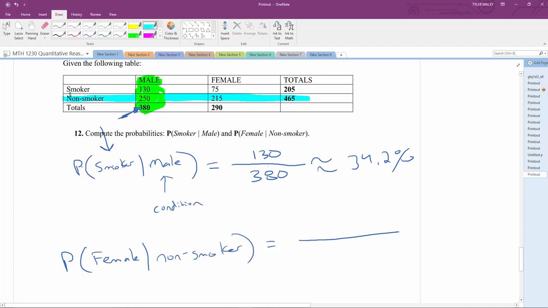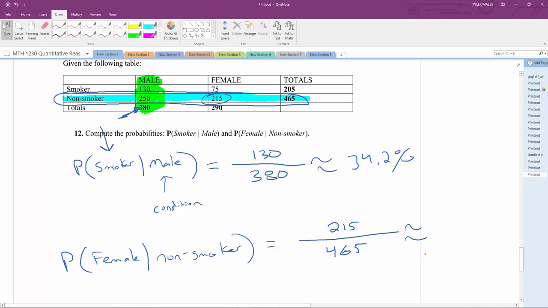So I have 465 non-smokers. So that would be here, right? So I'm only considering this group of non-smokers. And then what's my probability if I pick a random person out of here, of the non-smokers, what's the probability that they would be a female, right? Well, there are 215 people in this group that are female, so this would be 215 out of 465, right?